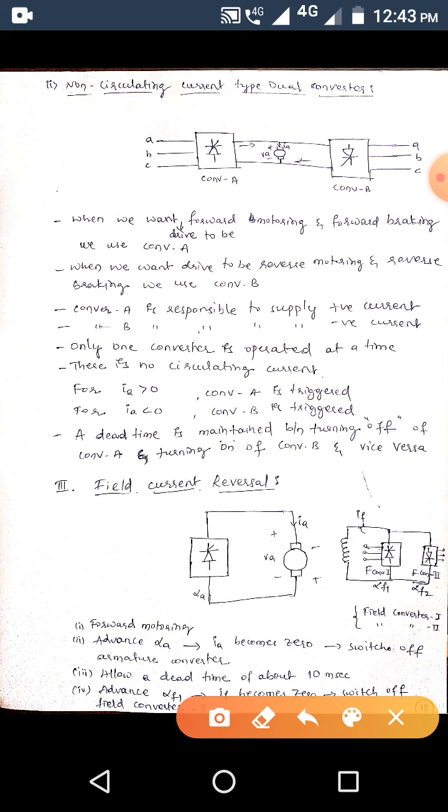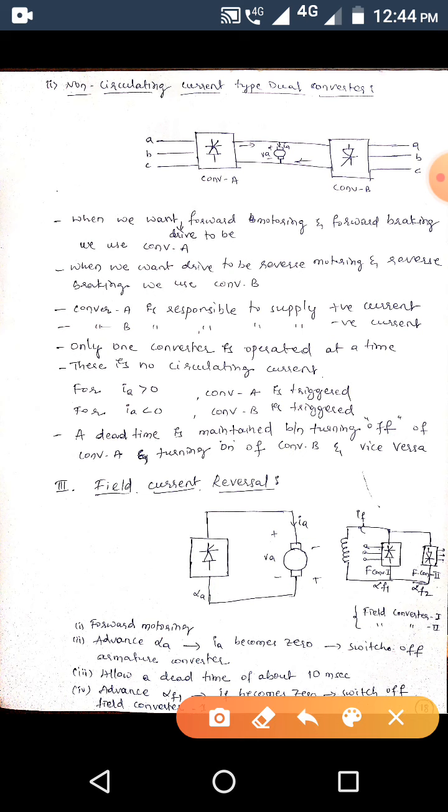Let us consider one converter in the forward direction connected with the armature winding. The output of the drive will be VA, and across the armature IA current is flowing. Let us consider the same winding we have described in the previous slides.